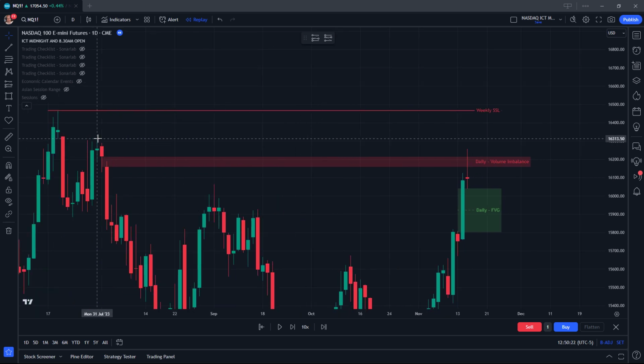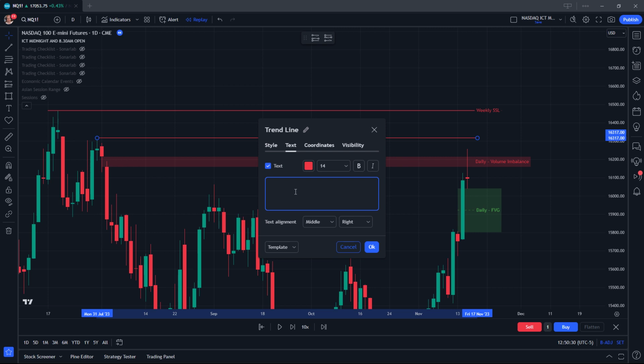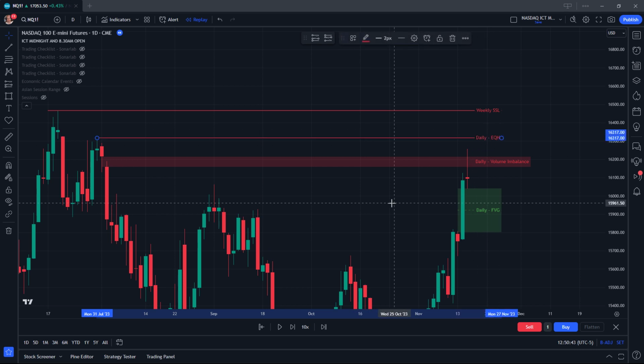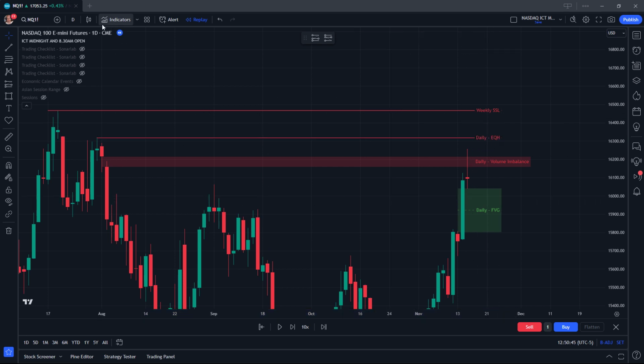We've also got these relatively equal highs here, haven't we? So I'm going to put that as daily equal highs. Okay, that gives us something to aim for.